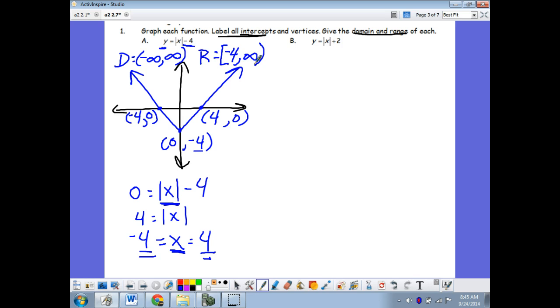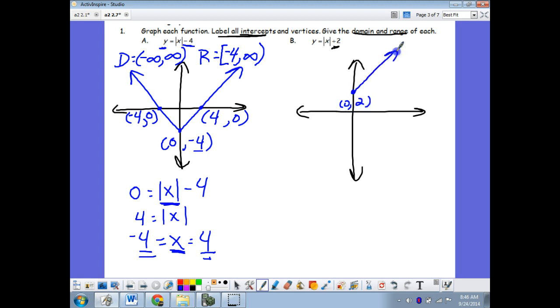Now in the second example, in this case we're moving it up 2 units. So when we take this vertex, which is normally at the point 0, 0 for the parent function, and we're going to move it straight up 2 units, that brings us up to the point 0, 2.